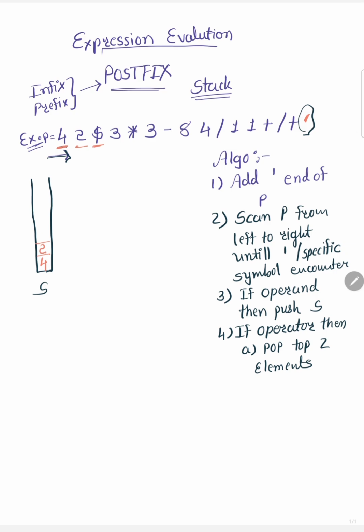Here I'm popping out this 2 and 4. Now this top element is my A, and the next top element is B. So here I'll mention that the top element is A and the next top element is B.